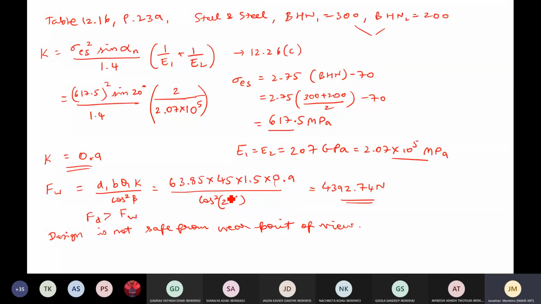So how to do that? We have done that even for the spur gear combination. FW is equal to D1 PQ K new factor by cos square beta, and equate this to FD. Put that value as FW and get the K new value back.